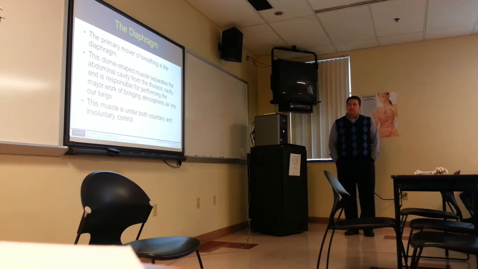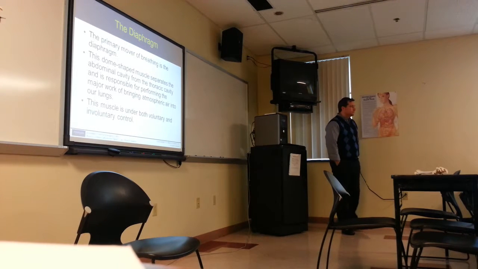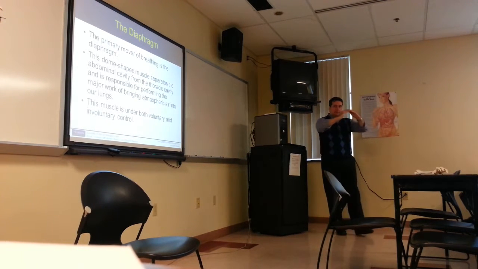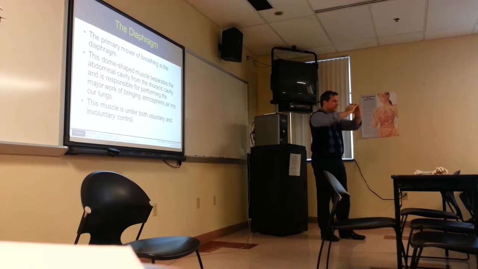There's a dome-shaped muscle. The idea of being a dome-shaped muscle, and again, I'm going to oversimplify a little bit, is that muscle, like any other muscle, when it contracts, it's going to shorten, which is going to cause it to flatten, which means it's going to be going down. And this is how we breathe in.